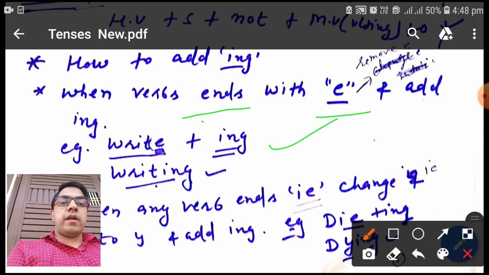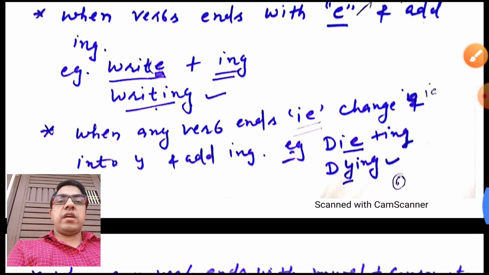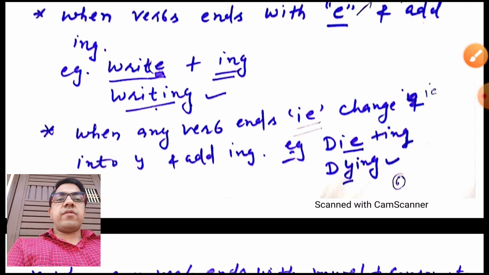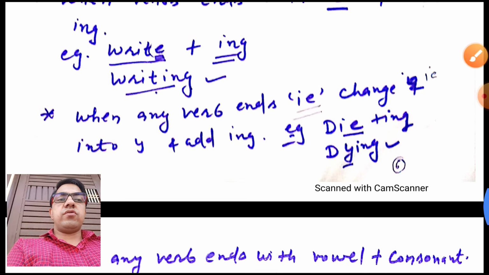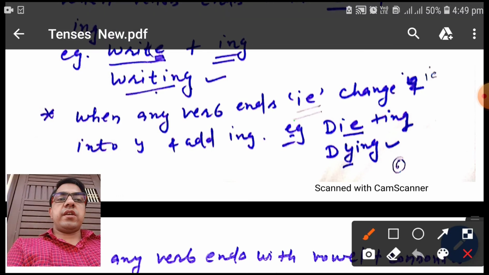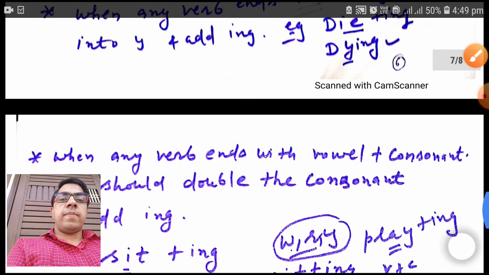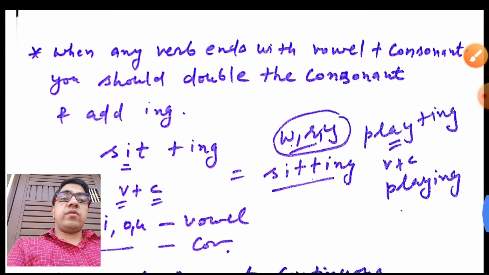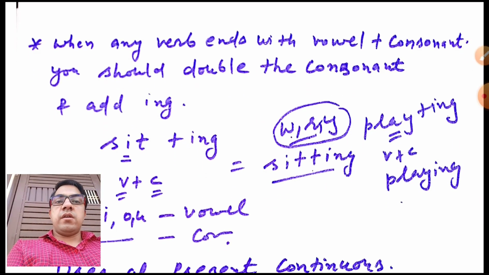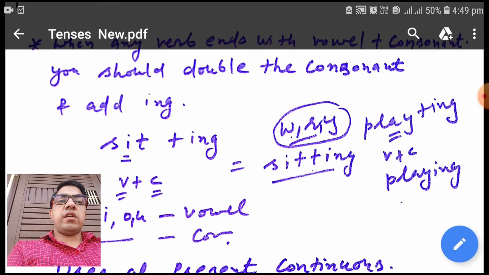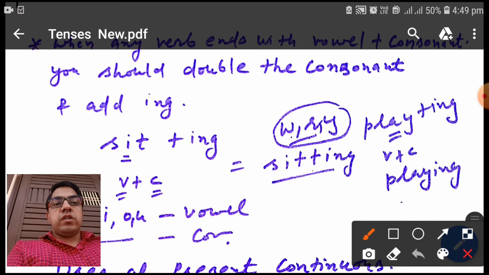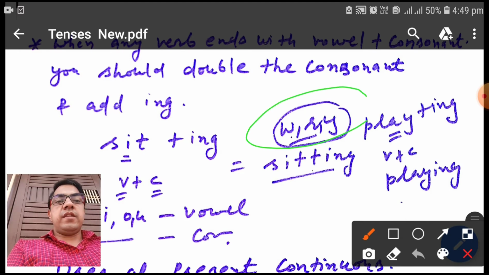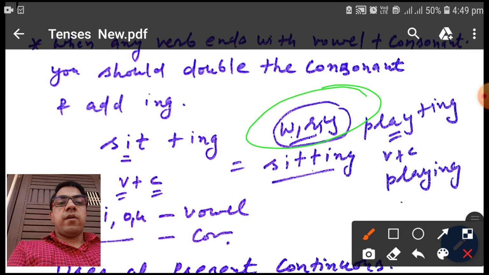When any verb ends with ie, we should change ie into y and add ing. When any verb ends with vowel plus consonant, then in that condition we should double the consonant, but we should not follow this rule with the consonants w or y.